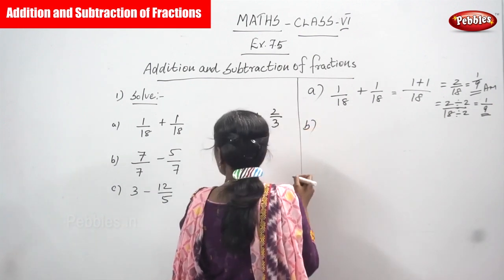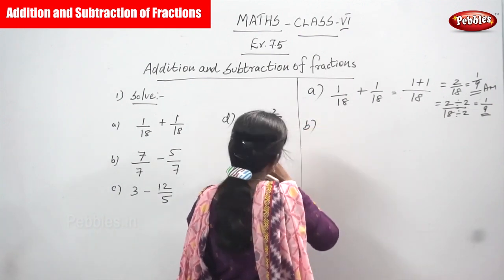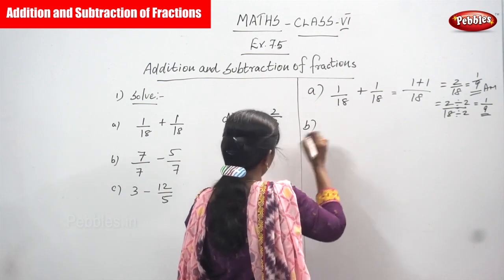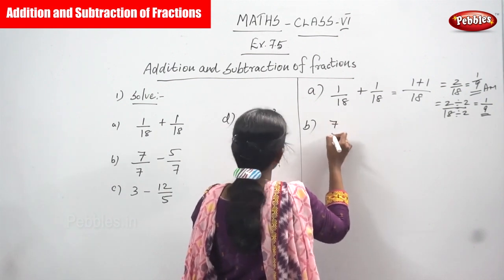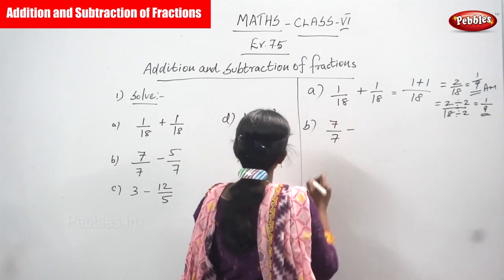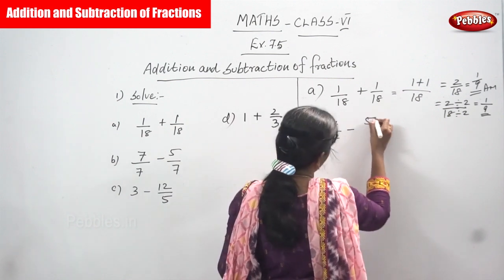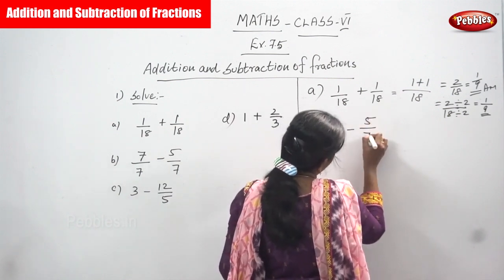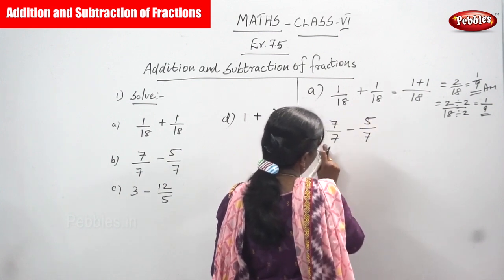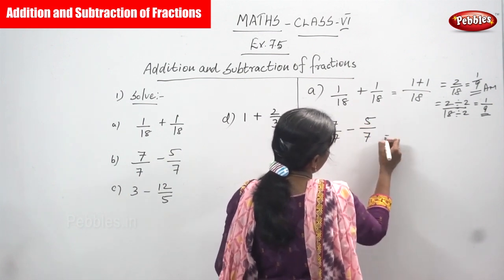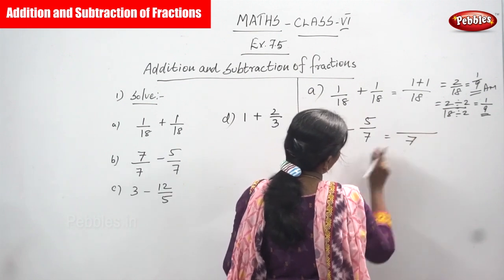The second question, B question: 7 by 7 minus 5 by 7. The denominator is similar, so you must write it only one time.